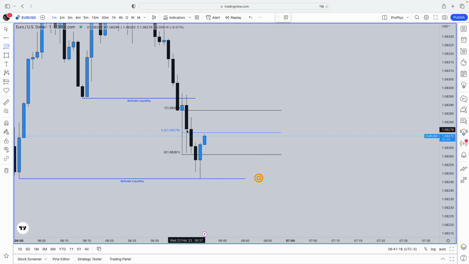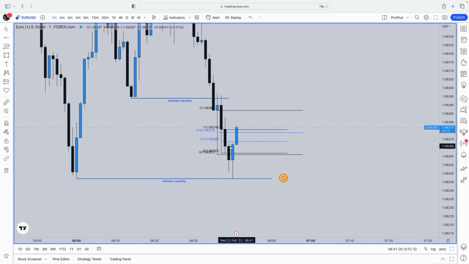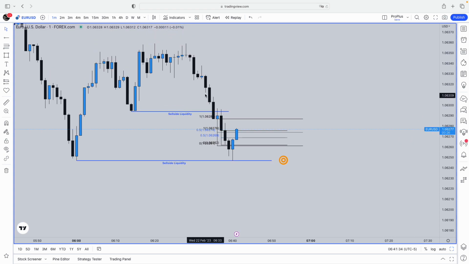Mean threshold of this. Delete that quickly. Well, we can see it. Mean threshold here. Don't want to see the body close above this. If so, then we could expect potential pullback. Let's aim for these here.